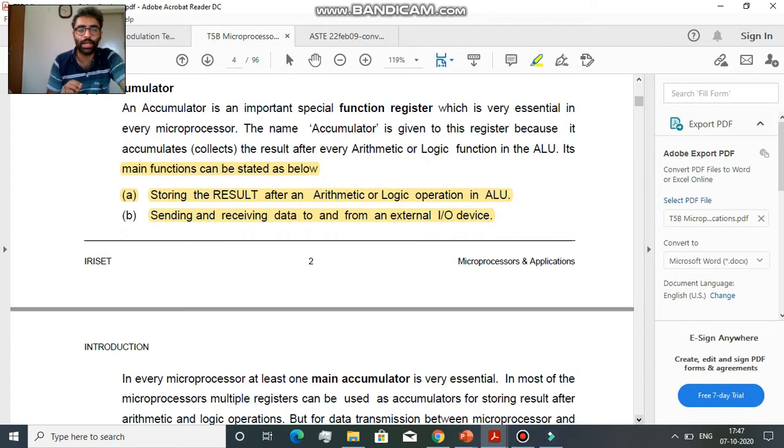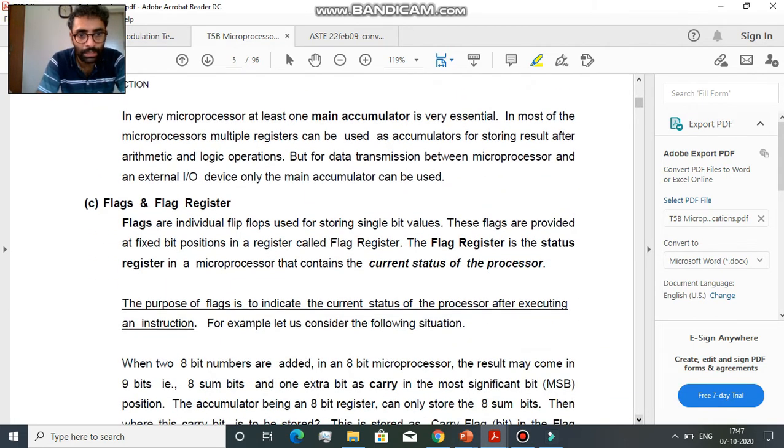Important things to note: it is an important function register essential in every microprocessor, and the result of every arithmetic or logical function in the ALU is saved in the accumulator. The other function is sending and receiving data to and from an external IO device. Then there are flags and the flag register.